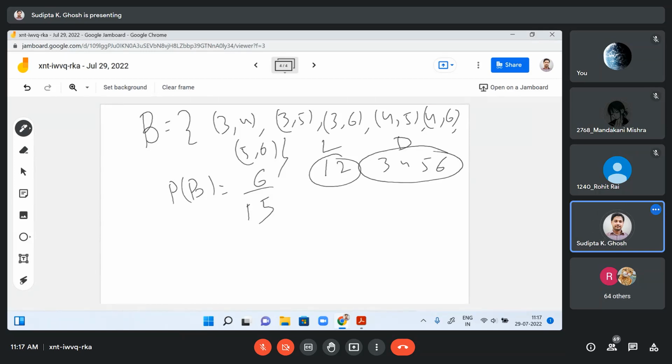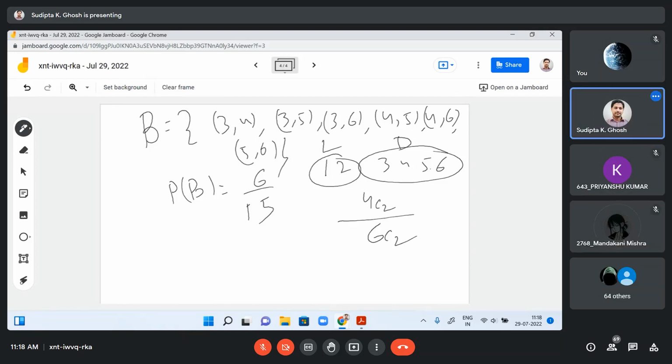Among these desktops, how many ways can I choose 2 desktops? 4C2. And among these 6 computers, 2 computers I can choose in how many ways? 6C2. So 4C2 by 6C2 becomes my probability of B.